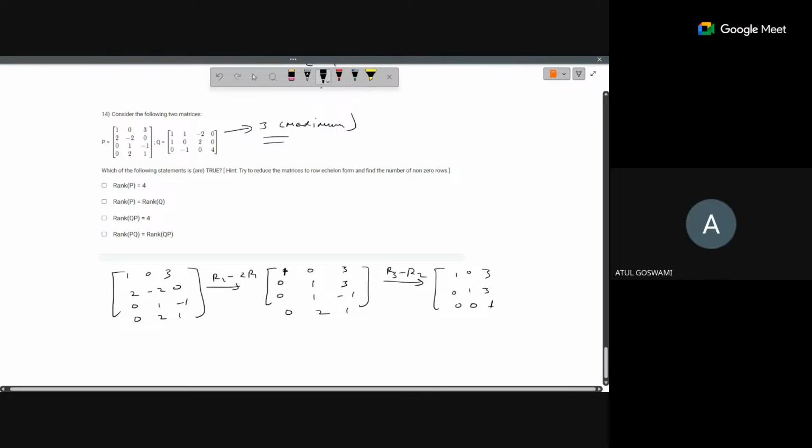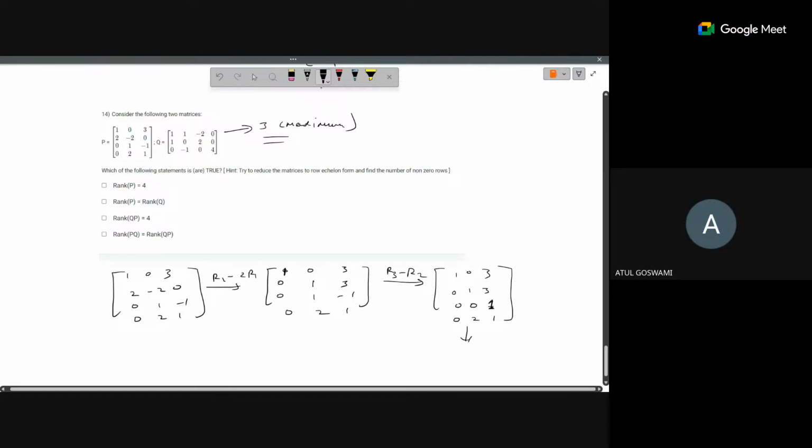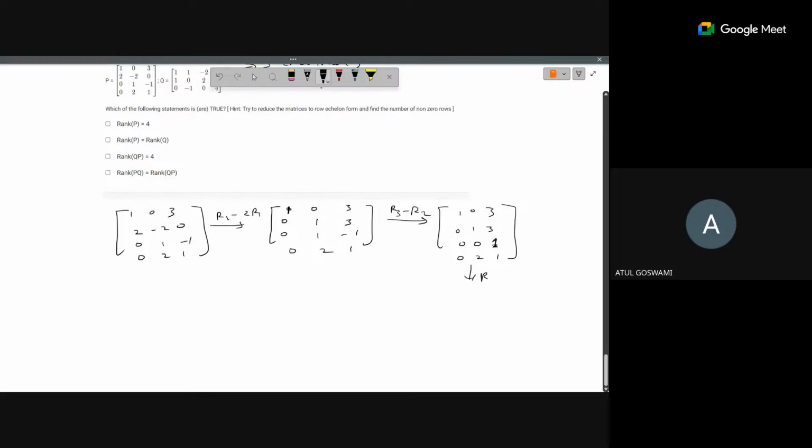Minus 4 will just become 1 by dividing. Okay, so you can switch these two rows and subtract R4 minus R2 two times, 0 1 3. So this row we will be switching.